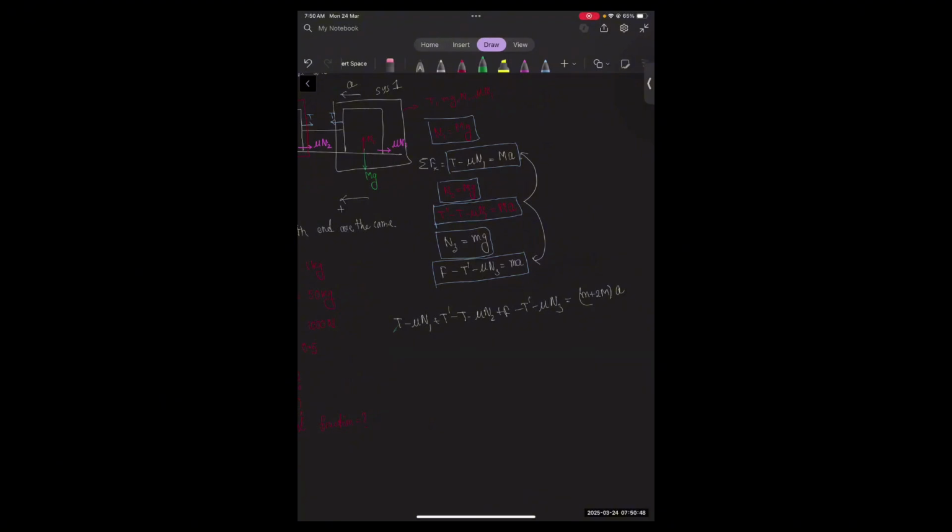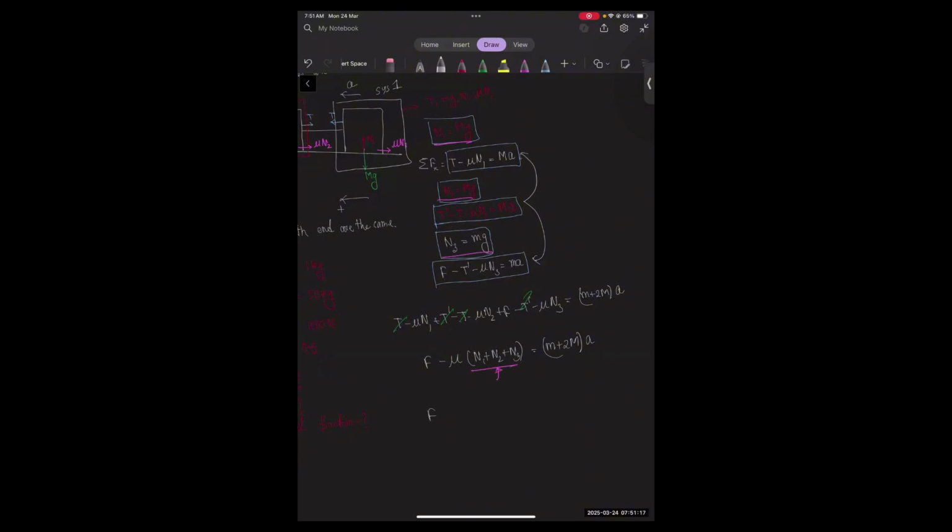Now on the left, see this cancels, this cancels. So you just have f minus, একটা mu common দিতে পারো. You have n1 plus n2 plus n3 is equal to m plus 2m into a. But remember, we already know the n's, n1, n2, n3. So you just plug these in here.